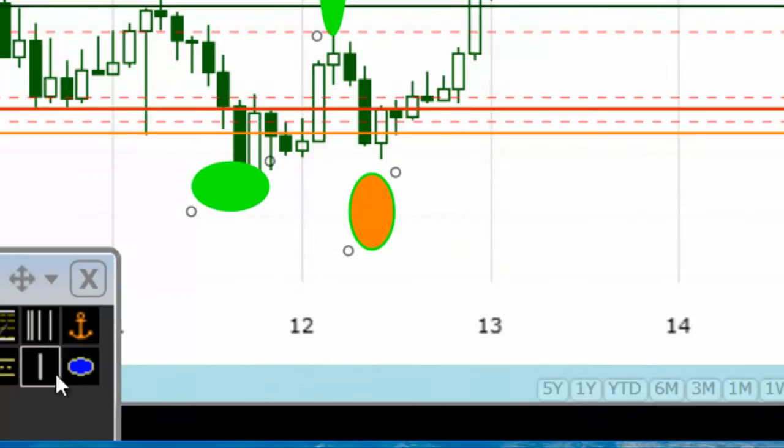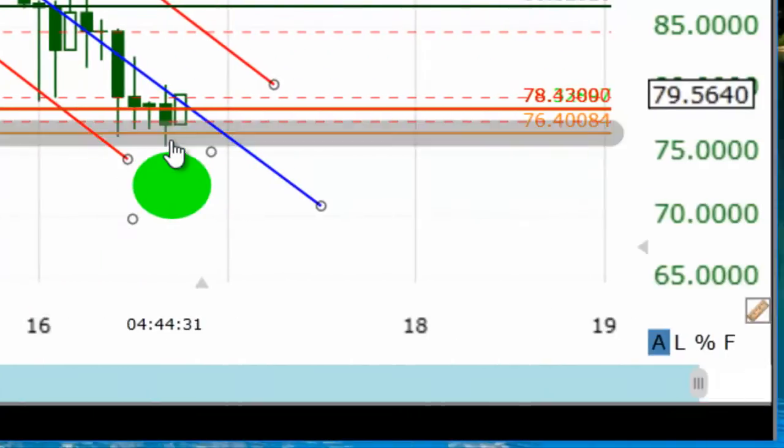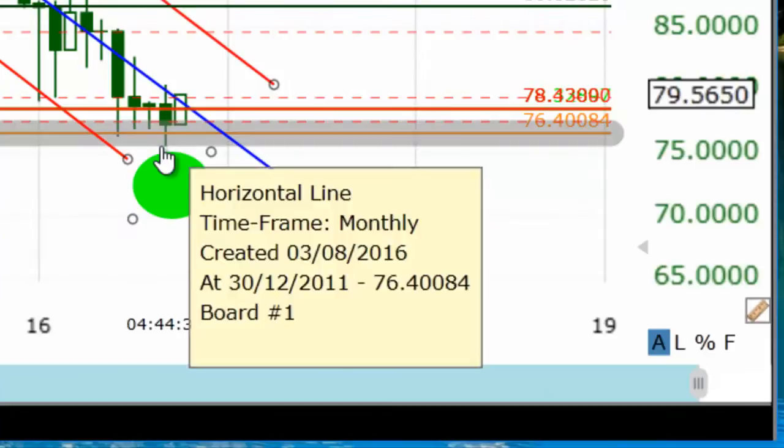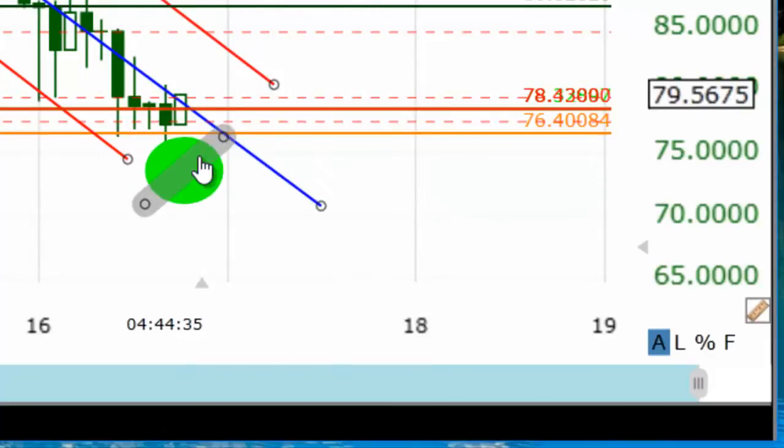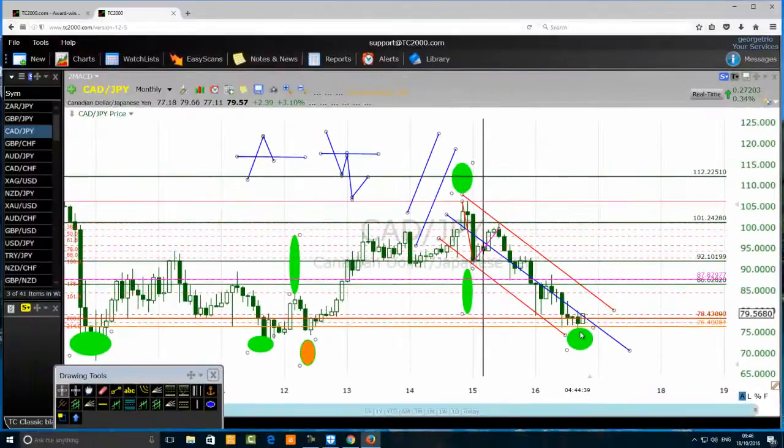Now you can see that the price is retesting this level, the same level of 7640, that zone. And a common swing trading mistake is to just buy. I'm not saying that it's impossible to buy. If you buy like this, just because the price has reached a support level, it's a speculative buy. You buy and you control the risk.